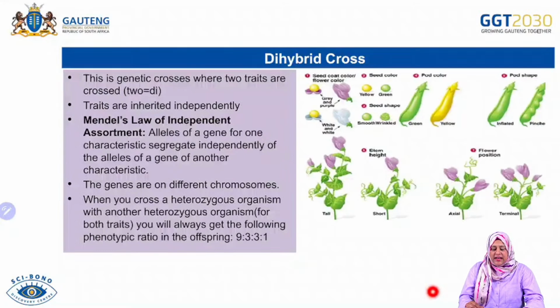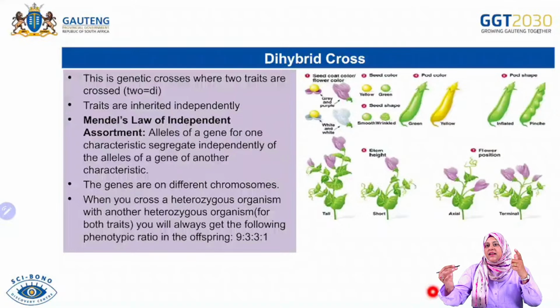We now move on to the dihybrid cross. This is a cross where there are two traits that are crossed, and there are two individuals that are crossed, but you are looking at two characteristics. So you are looking at short and long, or curly and straight, and color, black and white.